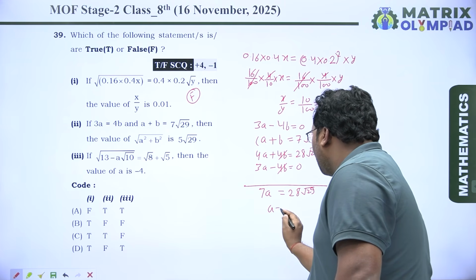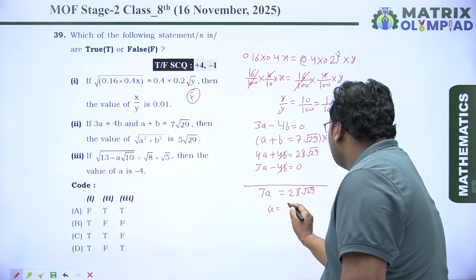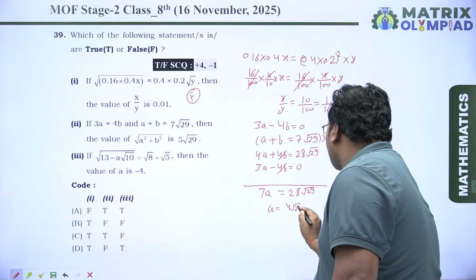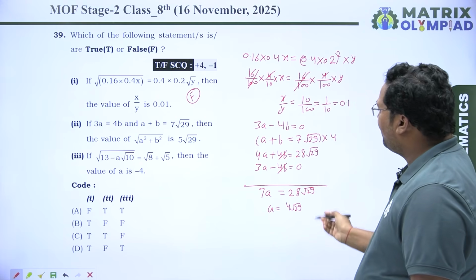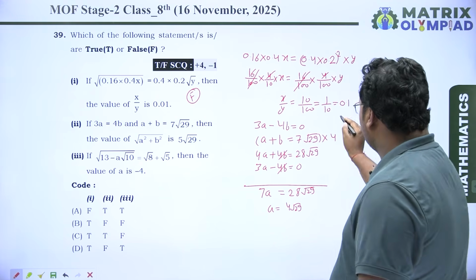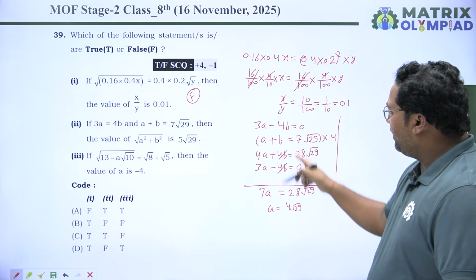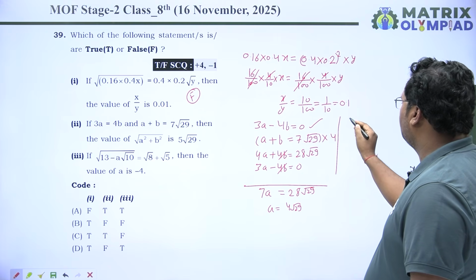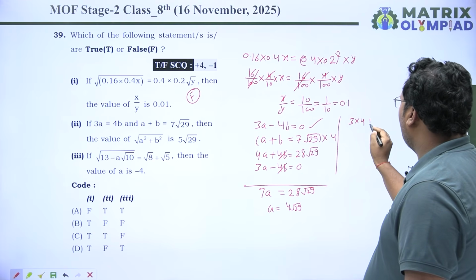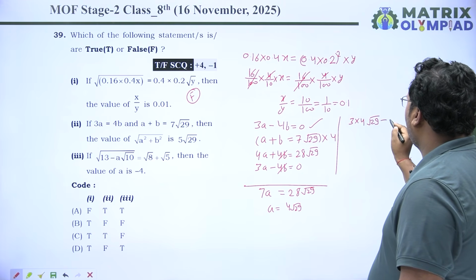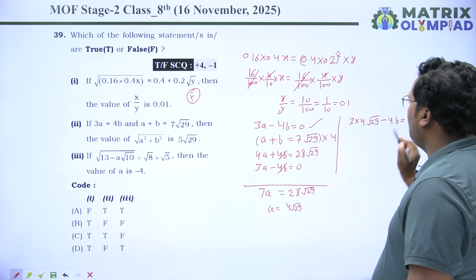From here I will get the value of a is 4 under root 29. Now I have to put this value in any one equation, so we will get the value of b. So I put the value of a in this equation, so we will get 3 into 4 under root 29 minus 4b is equal to 0.